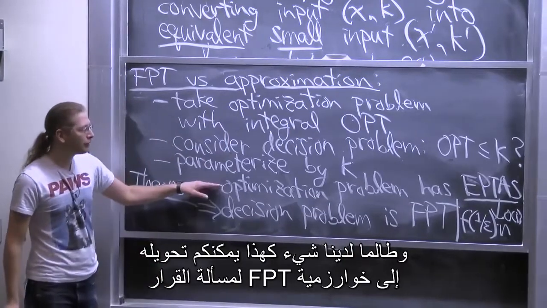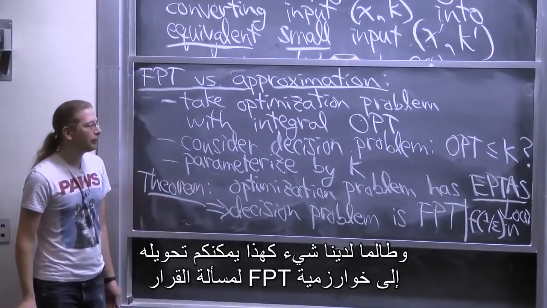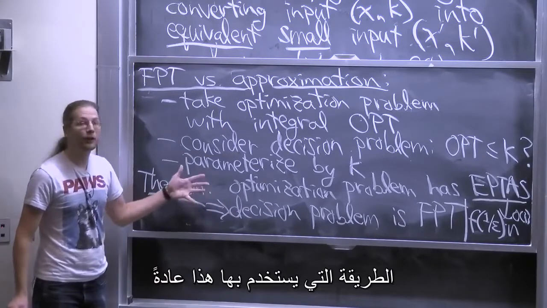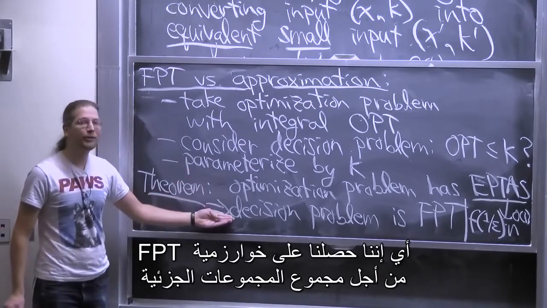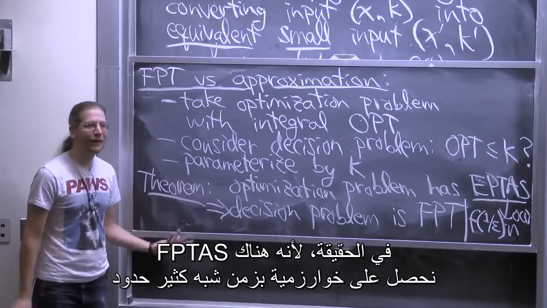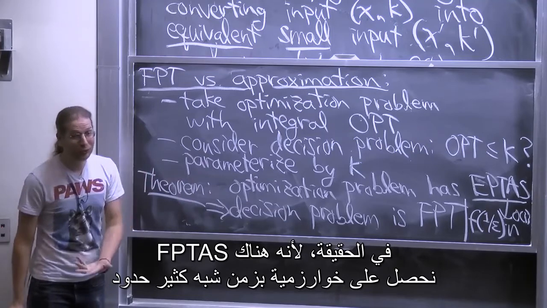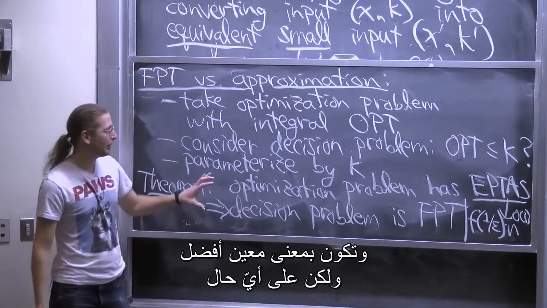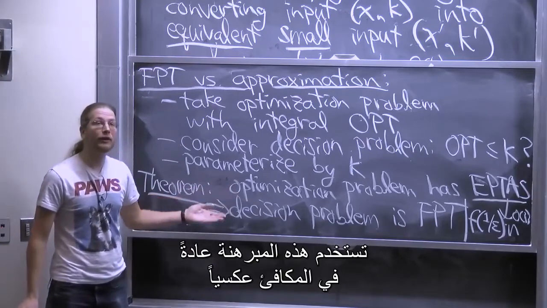And as long as you have such a thing, you can convert it into an FPT algorithm for the decision problem. So this tells us we get an FPT algorithm for subset sum. In fact, because there's an FPTAS, we get a pseudo-polynomial time algorithm, which is in some sense better. But anyway, the way this theorem is usually used is in the contrapositive.